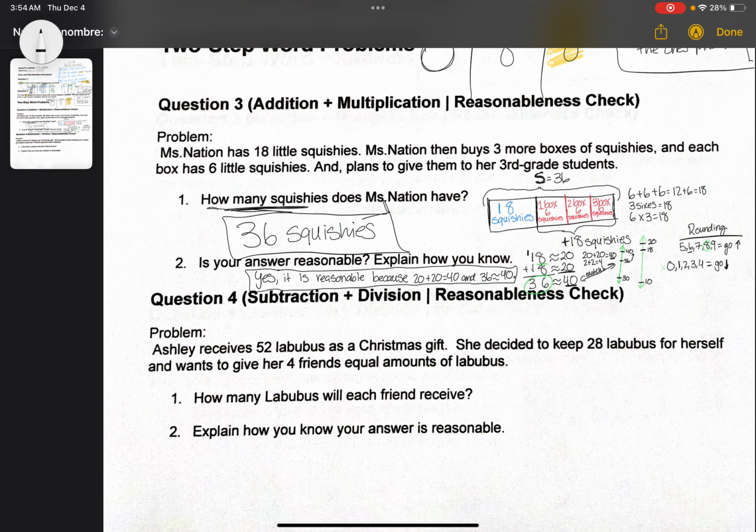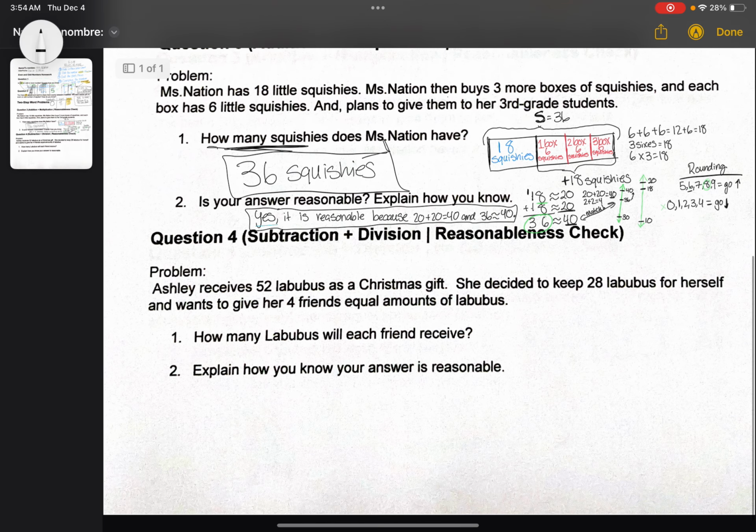Now, final problem. Y'all doing fantastic. We're doing question 4. Now, Ashley received 52 Labubus as a Christmas gift. She decides to keep 28 Labubus for herself and wants to give her 4 friends equal amounts of Labubus.